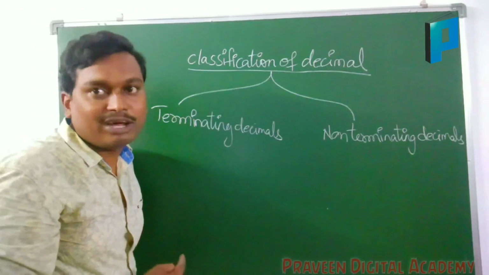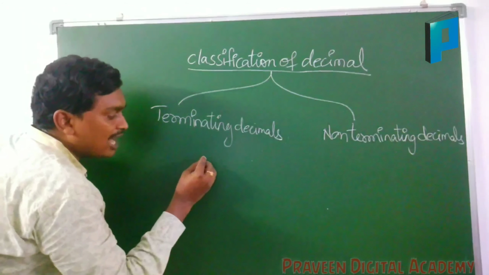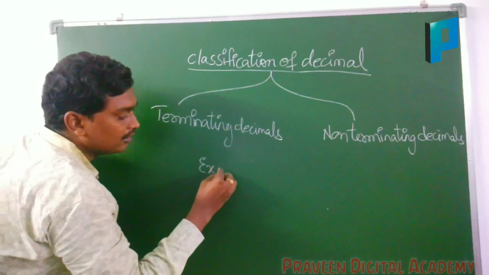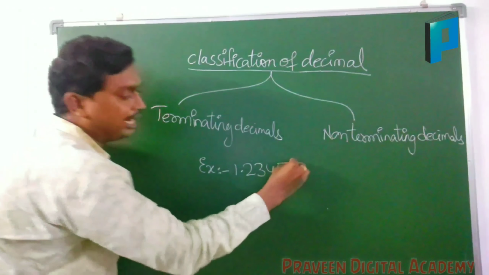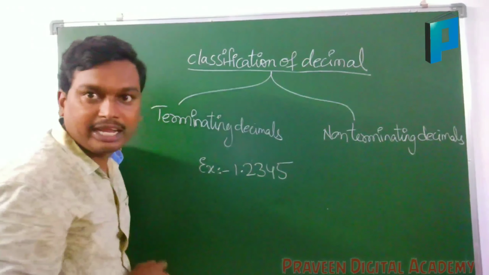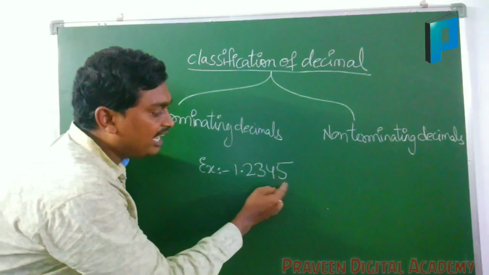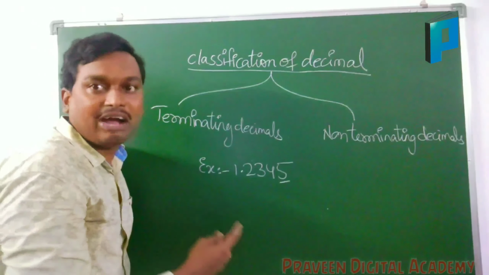Now, let us go through an example to understand clearly. If you have 1.2345, look here: the number ends at 5. After 5, do you have any numbers?